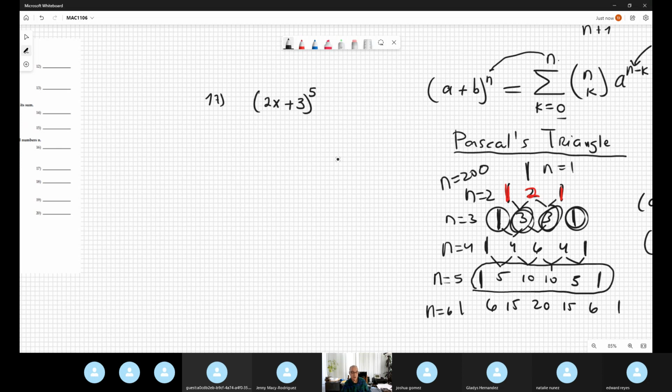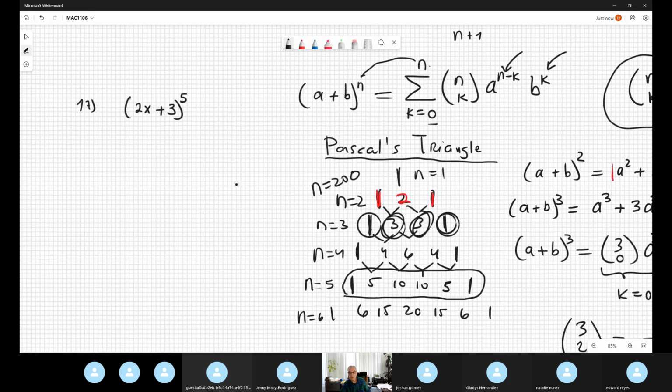And you take, for example, the first one, (2x) to the 5th power, and 3 to the 0. Because the summation of the exponents is always n. Look, you add mentally n minus k plus k.